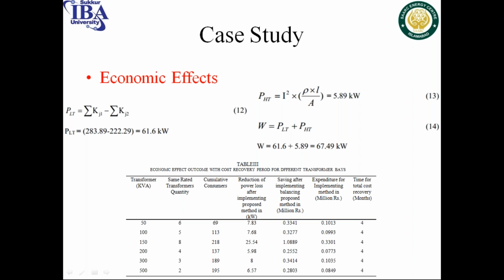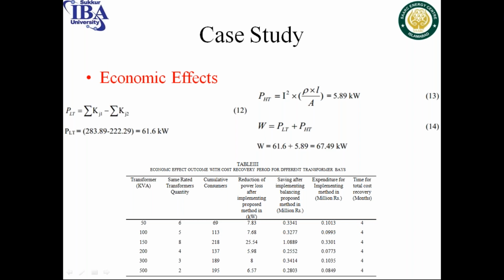While using all these equations and implementing them with the SEPCO network, I found, as you can see in table 2, that before the application of the balancing method, the losses in the system are 283.89 kilowatt, and after balancing the system, the losses have been reduced to 229.29.